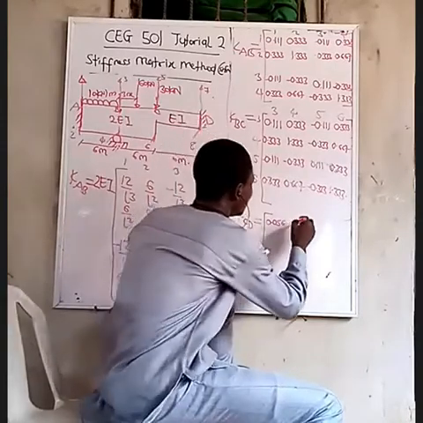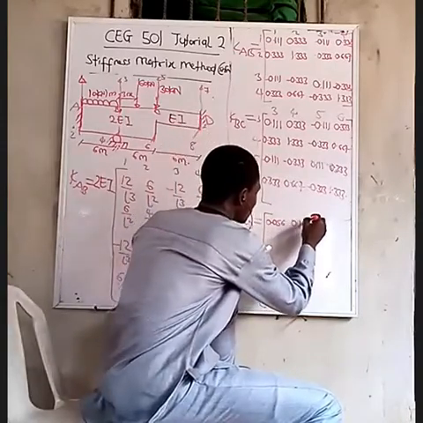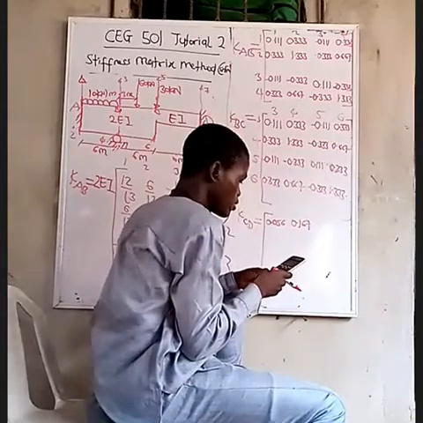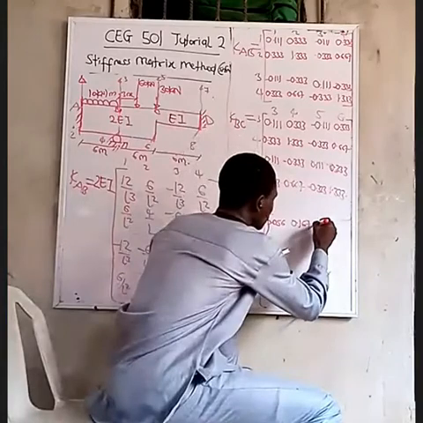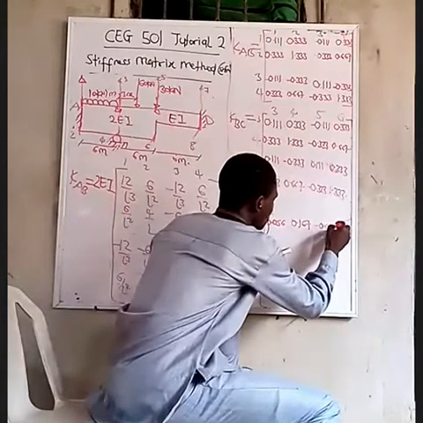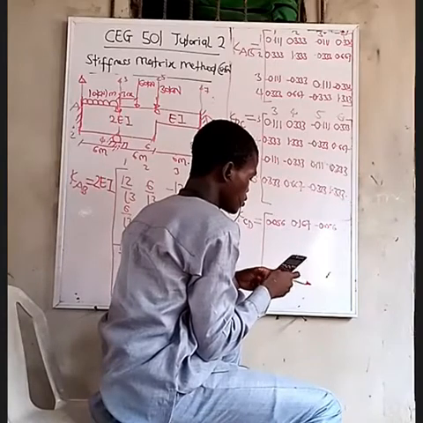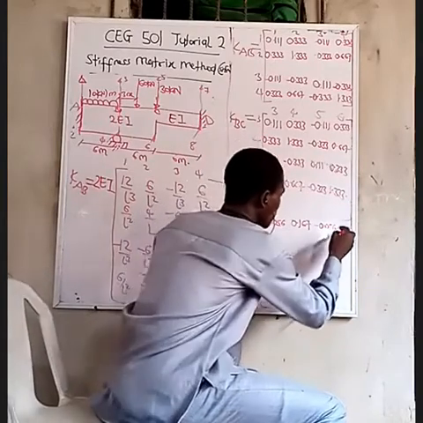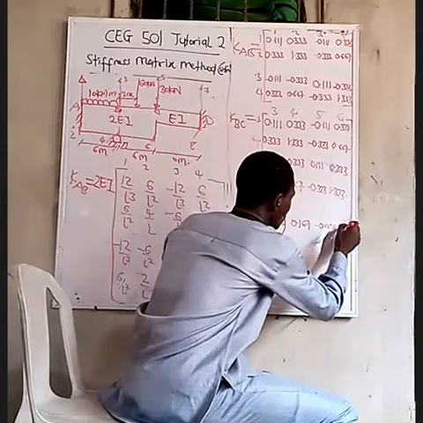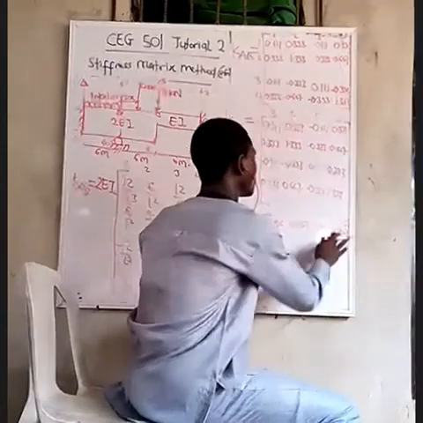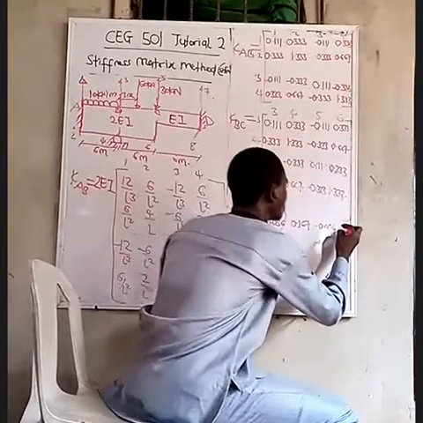Please check, so that we'll not be wasting time. Check if it's correct. Follow me. 0.167 minus 0.111 divided by 2. That's minus 0.056. 0.333 divided by 2. That's 0.167.